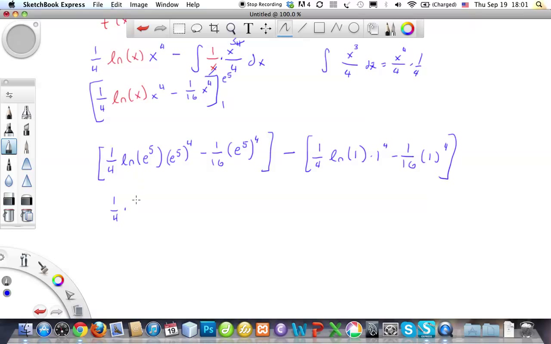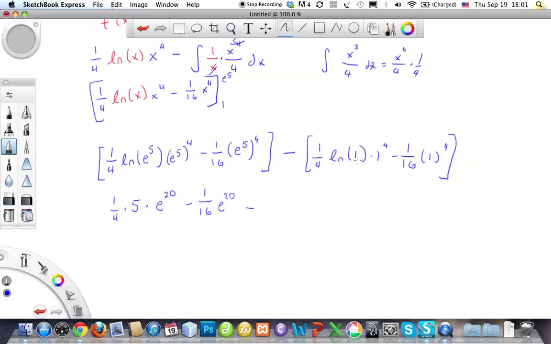So this simplifies to 5 times e to the 20th power, because when you raise an exponent to an exponent, you multiply them. So minus 1 over 16 times e to the 20th power again, minus 1 over 4 times the natural log of 1 times 1 to the 4th.